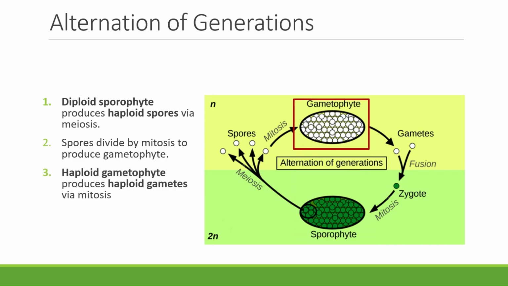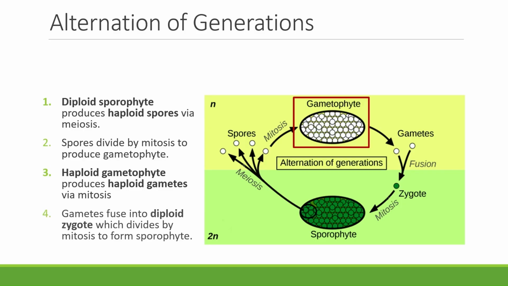The diploid sporophyte is aptly named because it produces haploid spores through meiosis, and these spores are released and divide by mitosis to produce a multicellular haploid we call the gametophyte. The gametophyte is named for the fact that it then produces haploid gametes, eggs and sperm, again through mitosis.